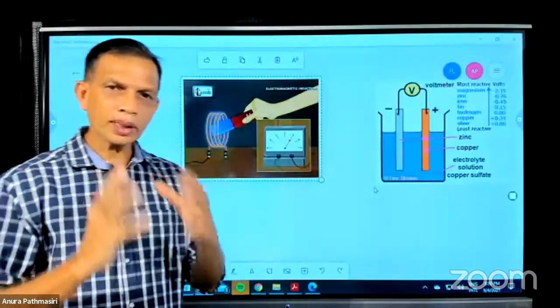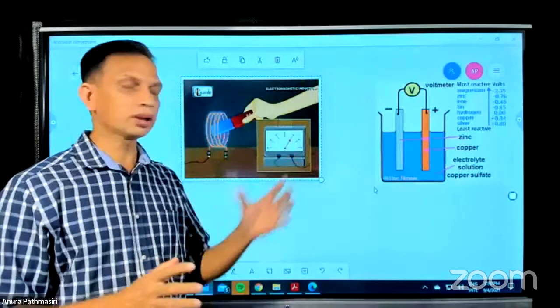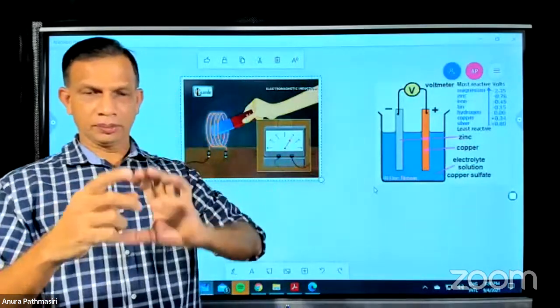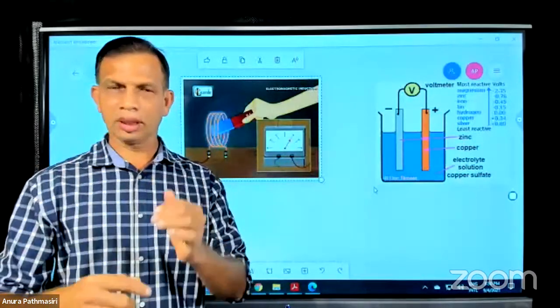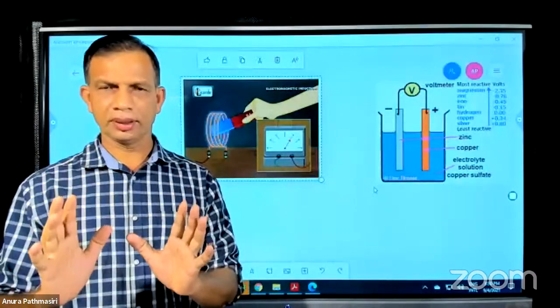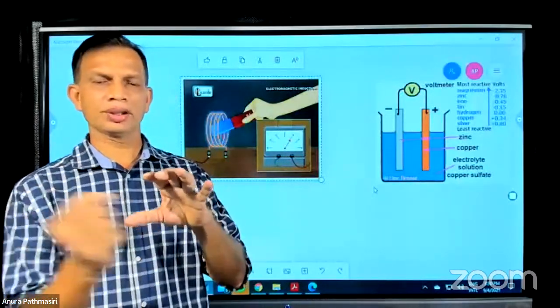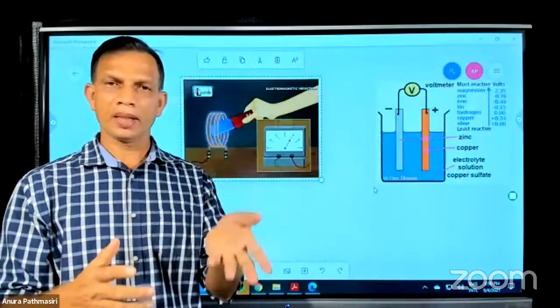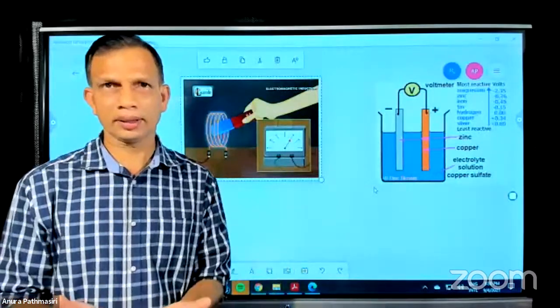If you can change the magnetic field in a circuit or in a conductor, there's a possibility of generating electric current.